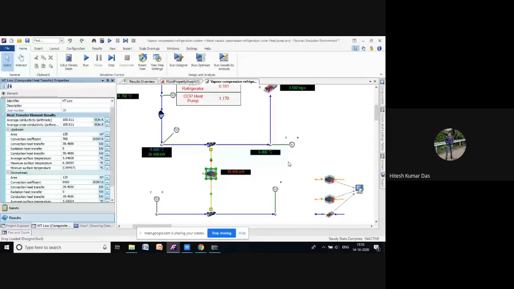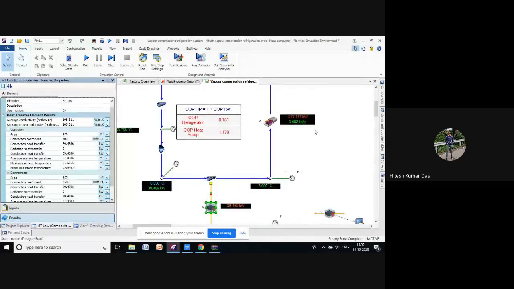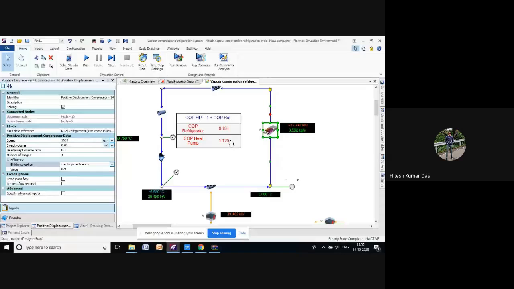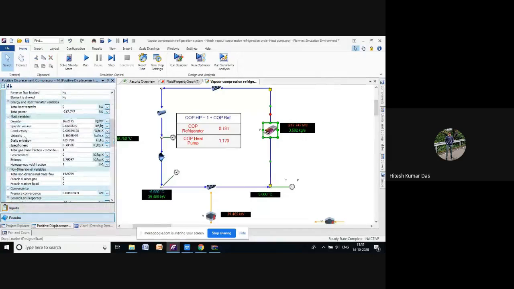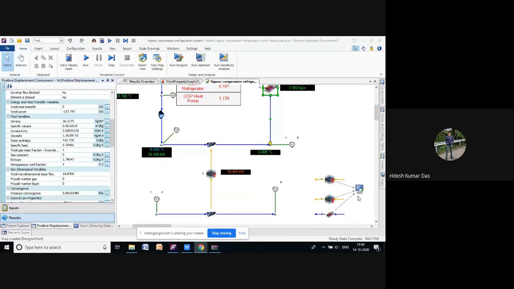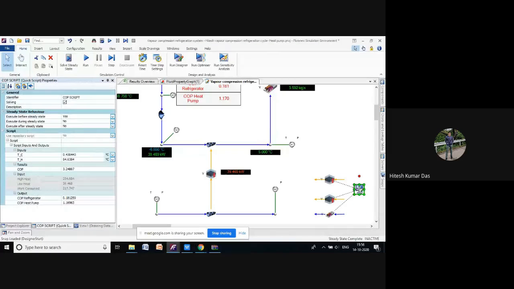We will calculate the COP by dividing this value by the compressor work value. For the compressor, also in the result tab, you can see the power of the compression. Power is consumed here, so there is a negative sign. For calculation of this COP, we'll divide these two values. The same thing we have added in this script.